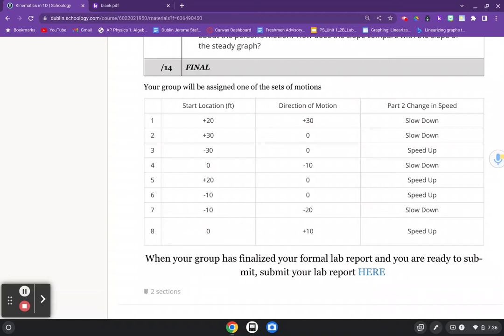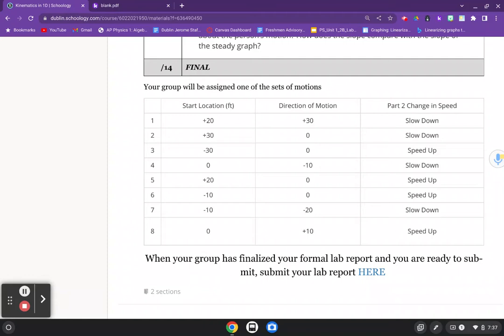If you are number 1, you're going to take a look at this data table here on Schoology, and you would see that group number 1 was assigned to have a starting location of plus 20 feet and move in the direction of positive 30. For part 1, they're going to do that moving at a constant motion. And for part 2, they're going to repeat that, but this time they're going to get moved slower. All right, so that's what you're going to do.